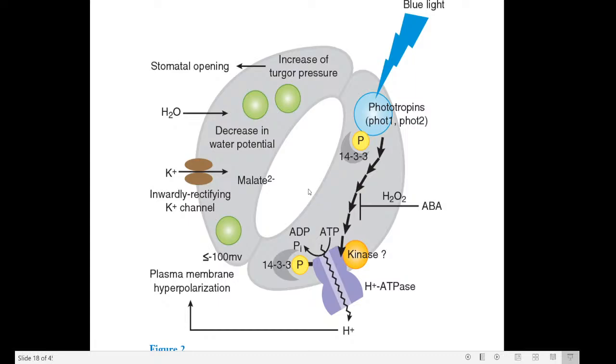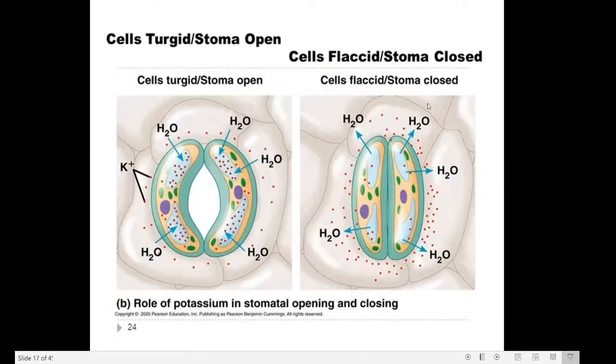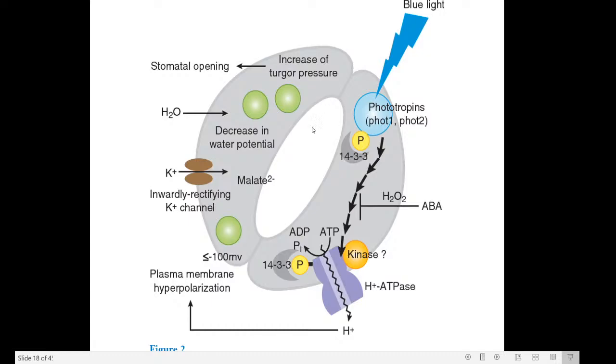Due to this stomatal opening, there is a removal of H plus ions from the cell. Stomatal opening increases the turgor pressure and decreases the water potential.